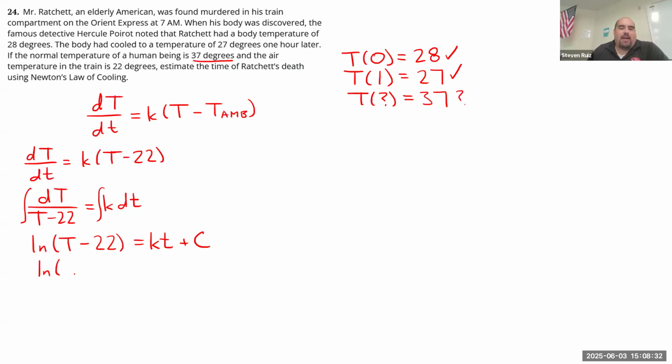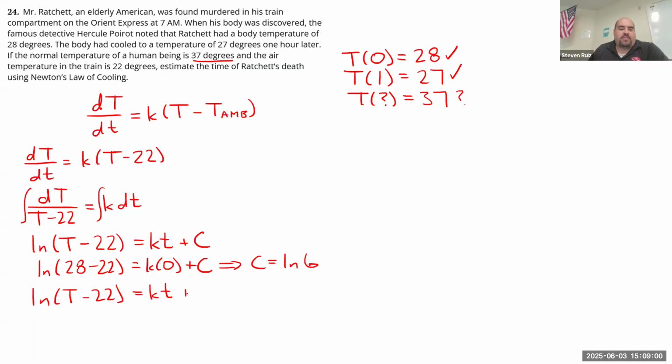The natural log of capital T, 28 minus 22, equals K times 0 plus C. So C is equal to the natural log of 6. That helps me specify my equation a little more: natural log of T minus 22 equals Kt plus natural log of 6.